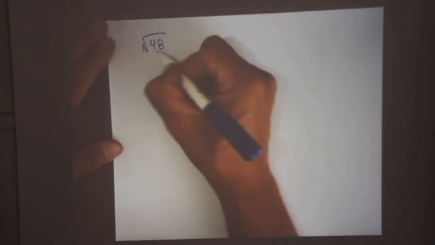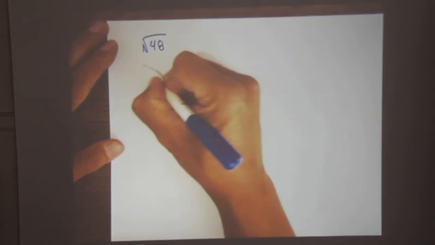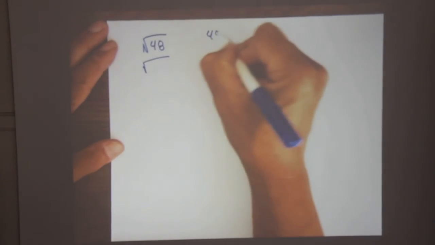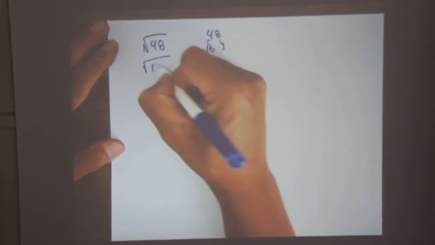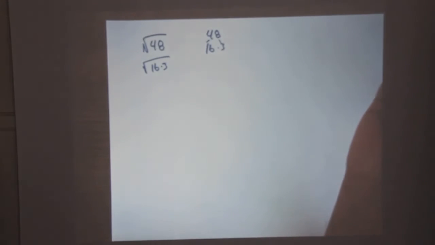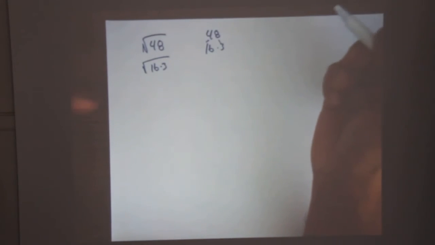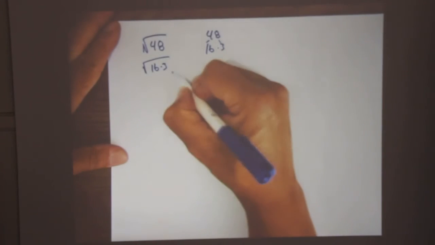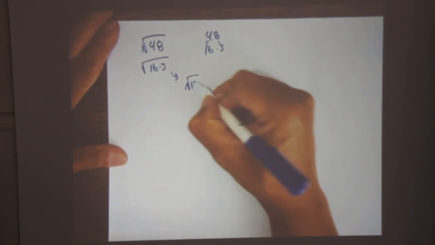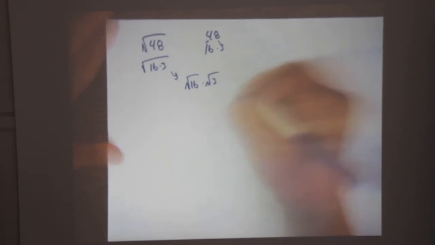For example, when I see 48, I immediately think, well, 48 is really the same thing as 16 times 3, right? So 16 times 3. And there's a rule in math that says if you take the square root of the product of two things, well, you can really break that up into the product of two individual radicals. You can take them individually.